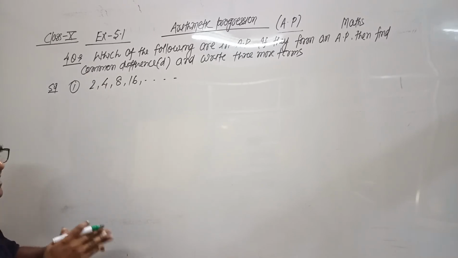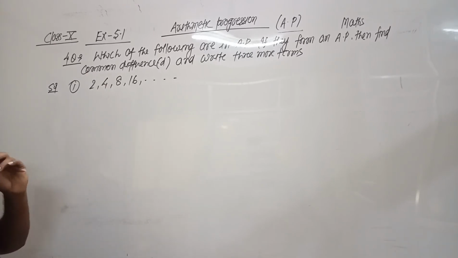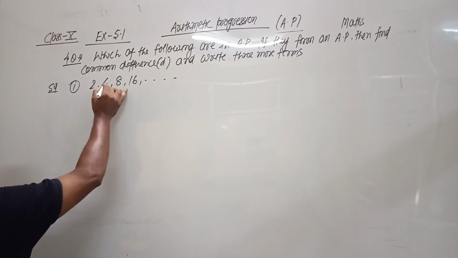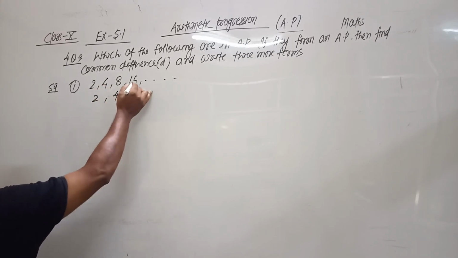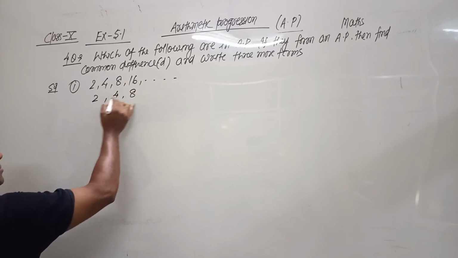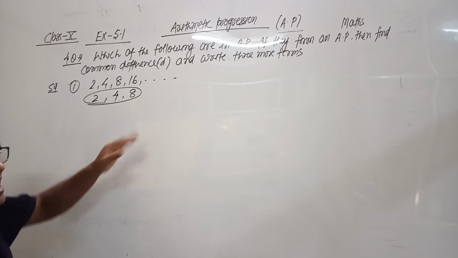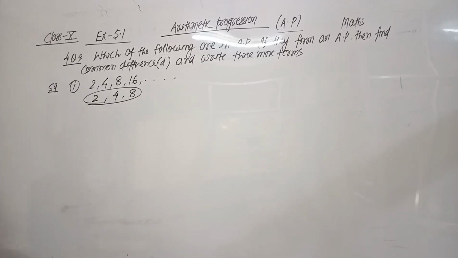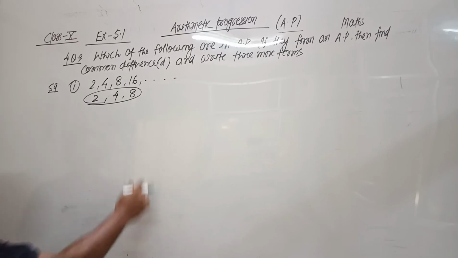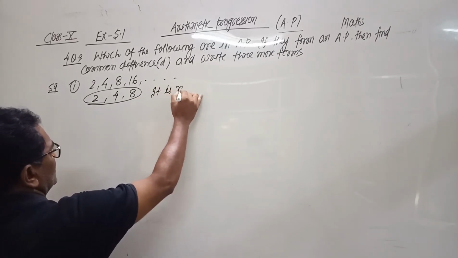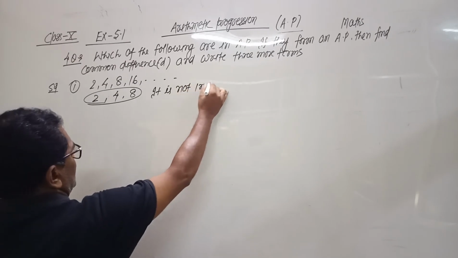So check whether the common difference is the same or not. 4 minus 2, we get 2. 8 minus 4 is 4. 16 minus 8 is 8. So the common differences are different. So it is not in AP.